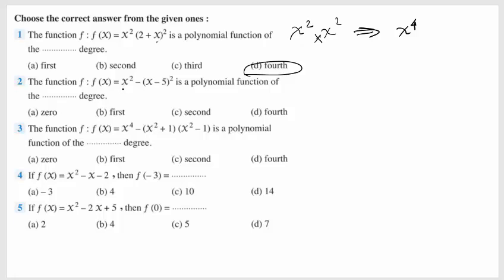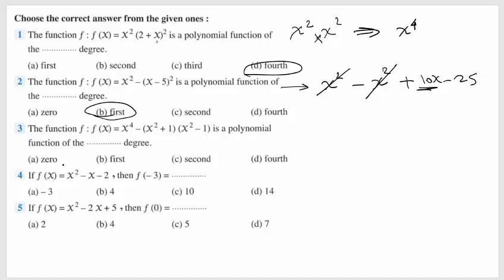In this example, x squared minus the bracket x minus 5, squared. If you expand this, it will be x squared minus x squared plus 10x minus 25. x squared cancels x squared. So the highest power here will be x to the power 1, which is first degree.